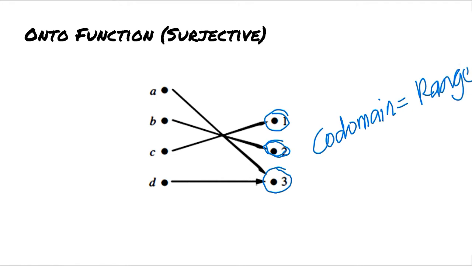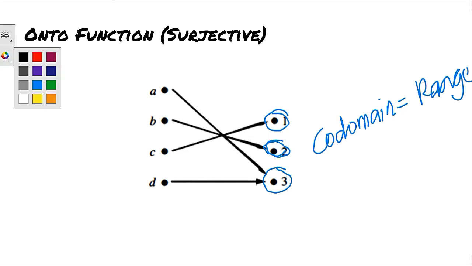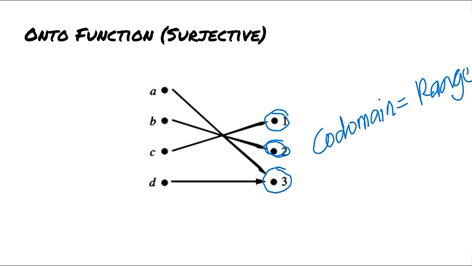And this can be formally defined as, for all Y, there exists an X. Again, let's clarify what Y is. Y will be now the element of set B, your codomain.